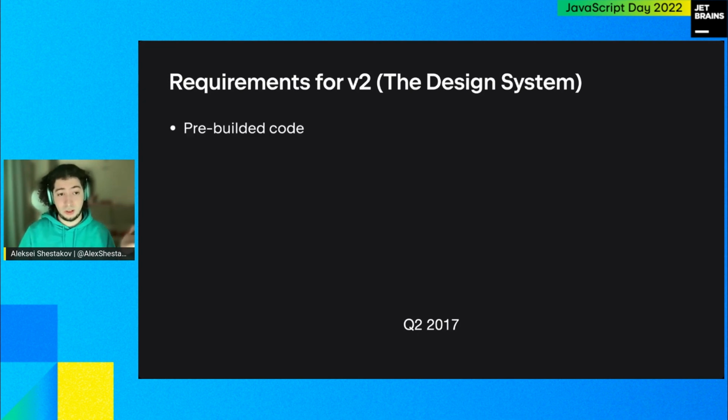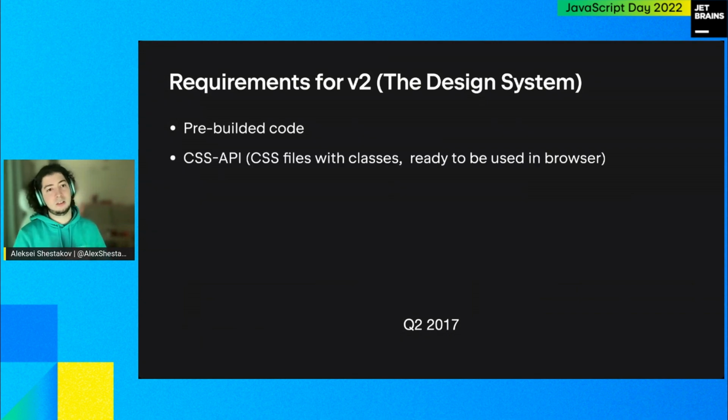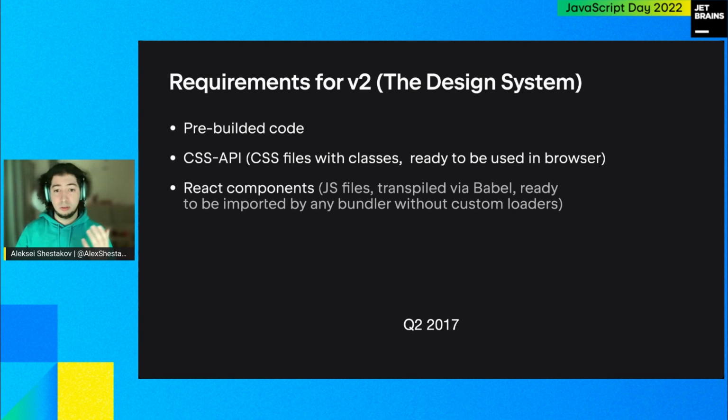Get rid of shared build configuration and tools, and provide a CSS API for purely stylistic components like layout grids or cards. It's something similar to what Bootstrap did. And add React components for cases when a component needs a particular DOM structure and maybe some JS logic.